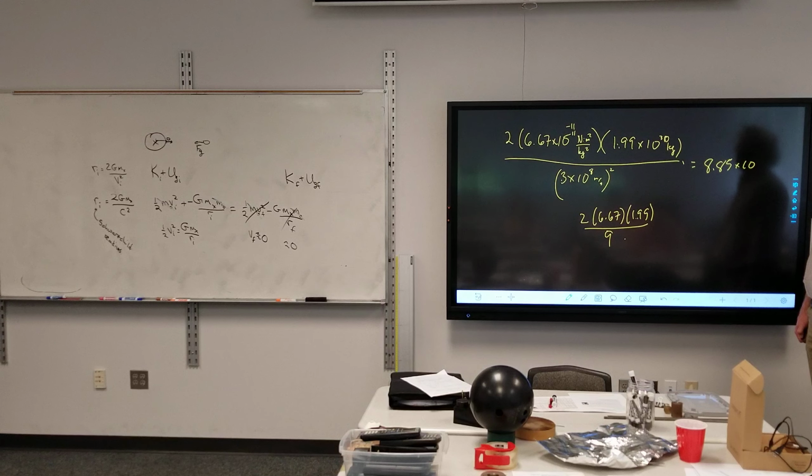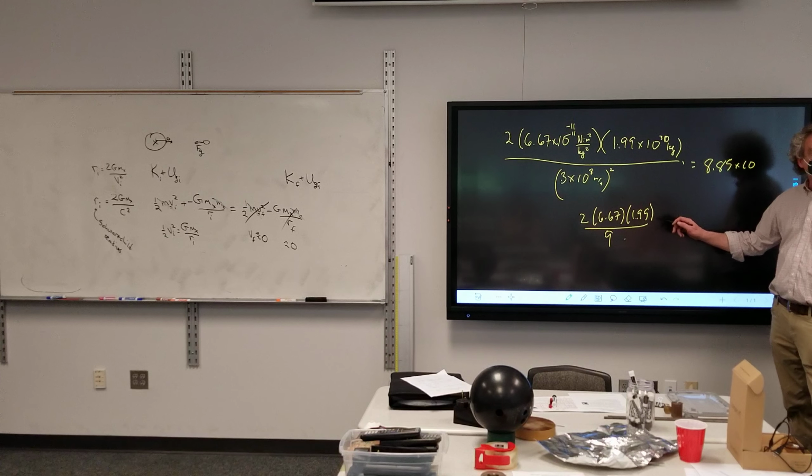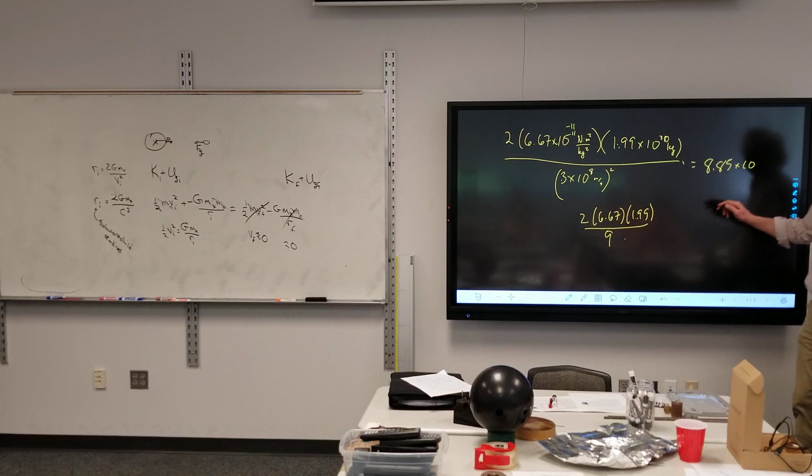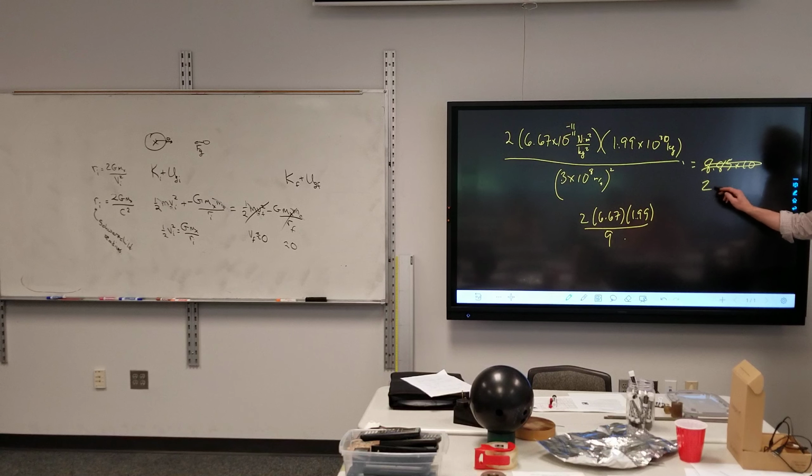So the negative 11, that's right. Oh, I forgot the square. I think you're off by a factor of 10. 2,949.6. Units? Meters. Like you mean it. Meters.